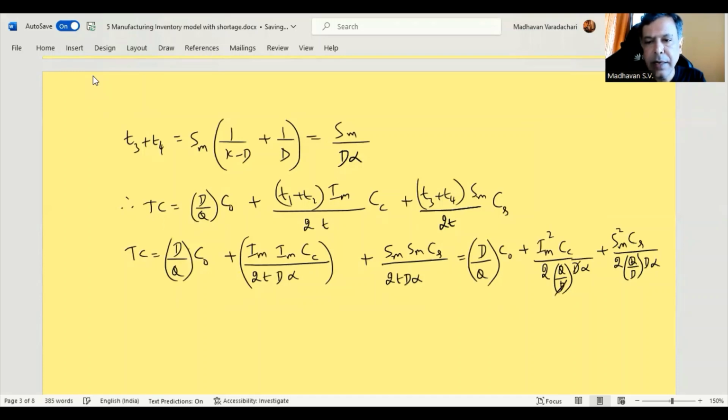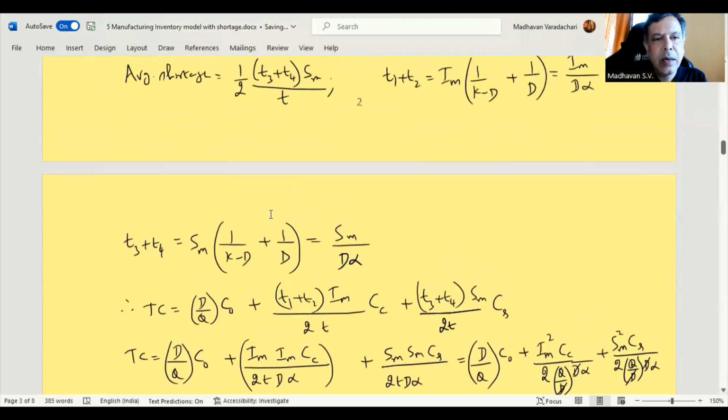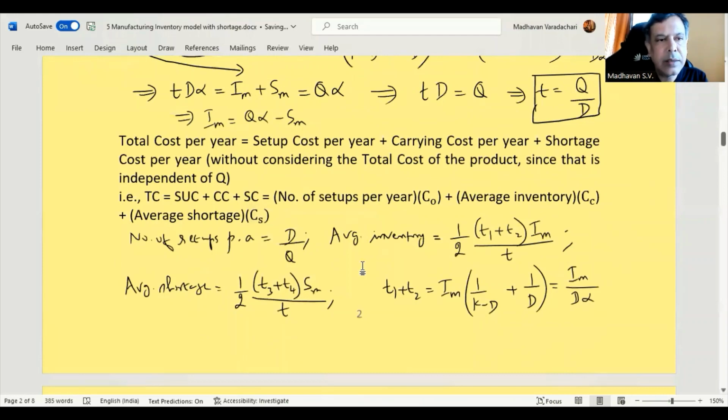So this D and D get cancelled here, and this D and D get cancelled here. So again our TC will be D by Q times CO plus IM square. Here we converted this one: IM is nothing but Q alpha minus SM.